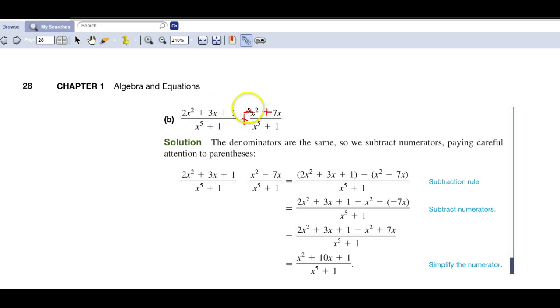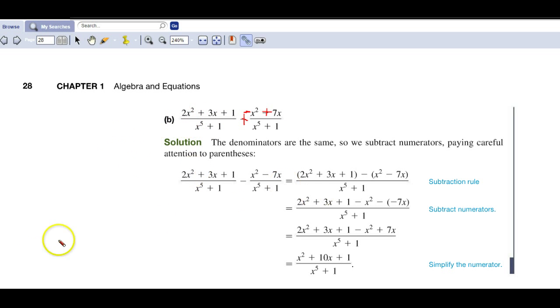You're going to be using that technique of, if this were in a parenthesis and there was a negative in front, you could remove the parenthesis and just change these signs. So now it's just a matter of adding them up.